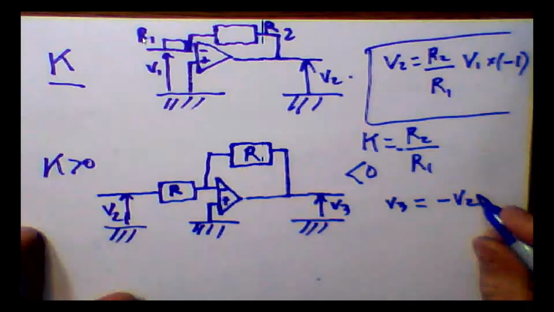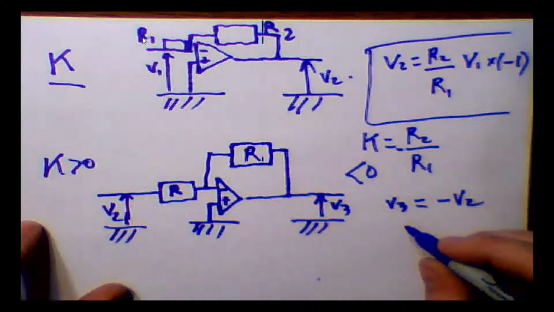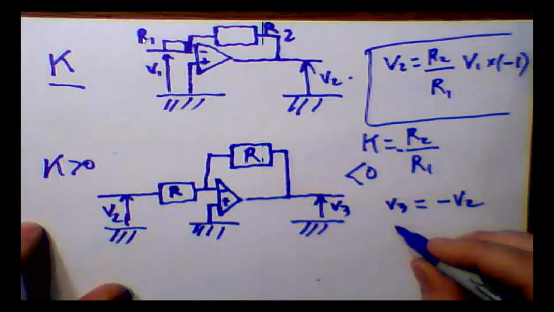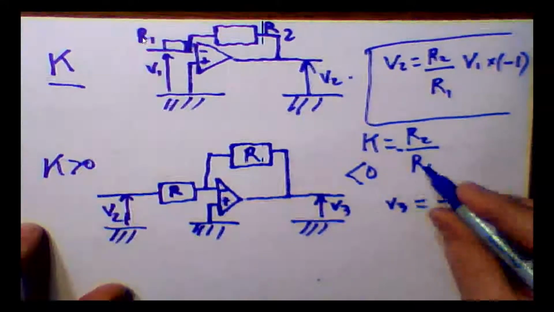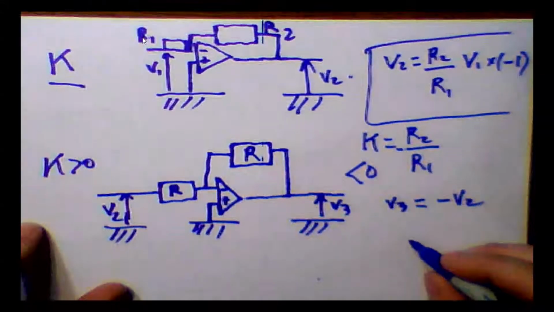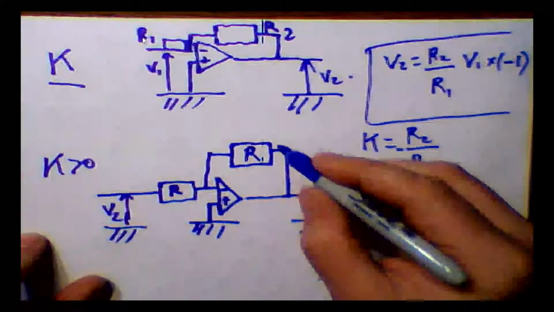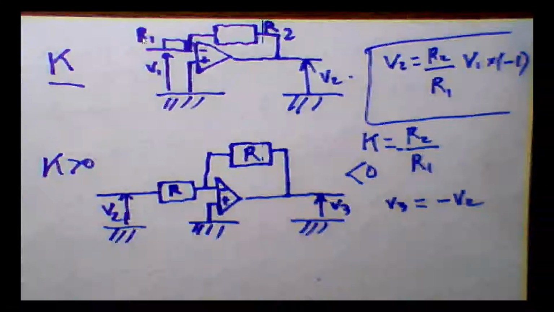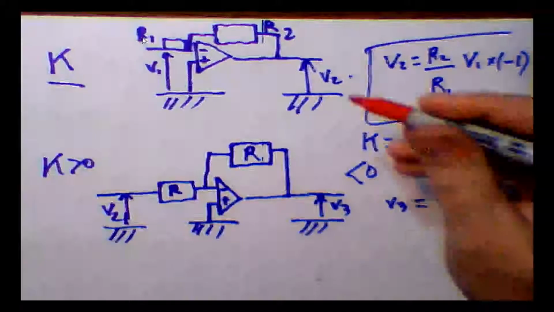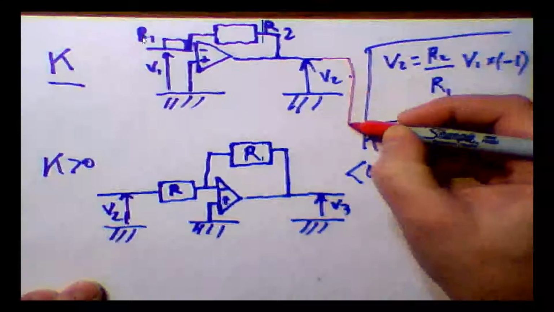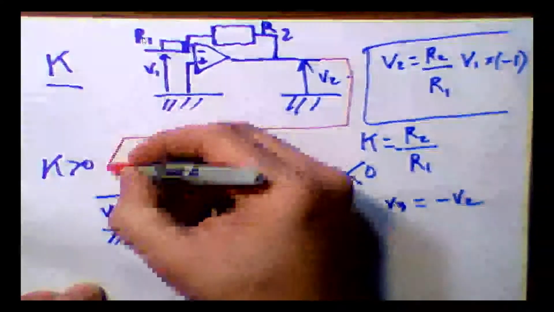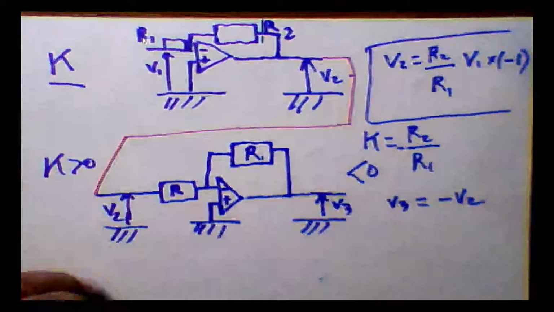This gives us the possibility of inverting the sign of K if needed by mounting this element and that element in series, my mistake.